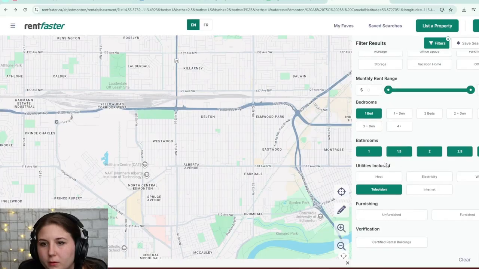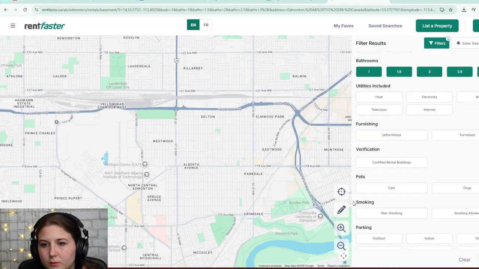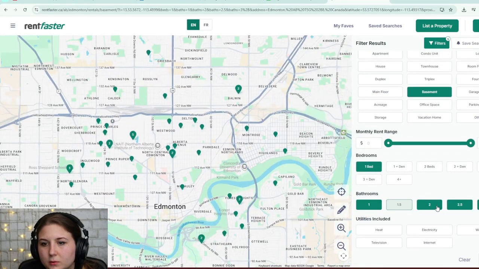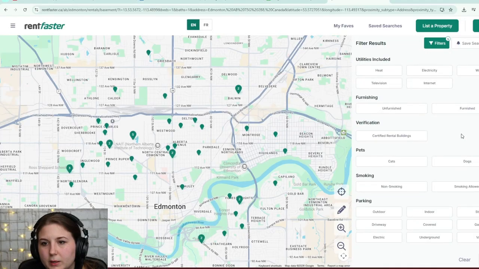Basement, 1 bed, 1 bath. Why is it doing that? Okay, basement, 1 bed, 1 bath. Yes.